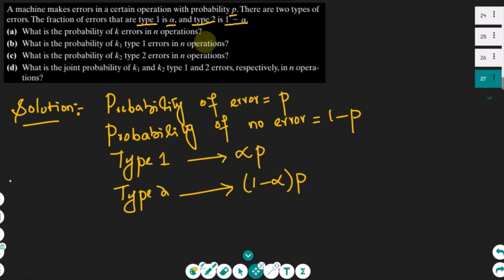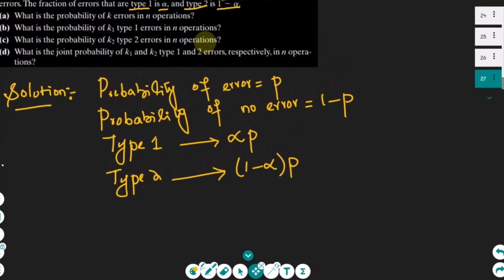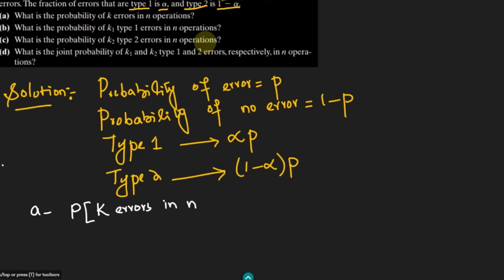So now let me move down here. We have to find the probability of k errors in an operation. This is the first part of our question, part A. Here we have to find the probability of k errors in n operations.